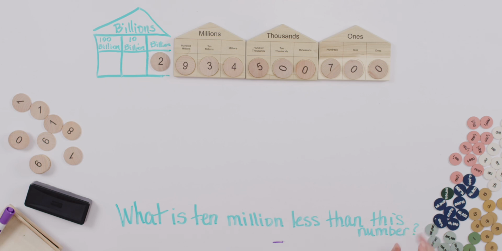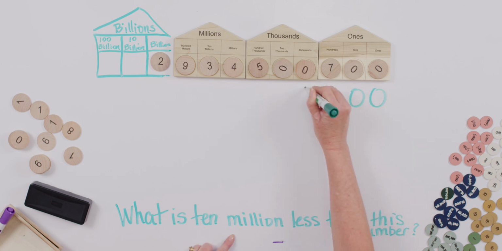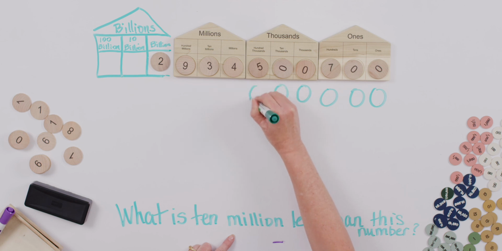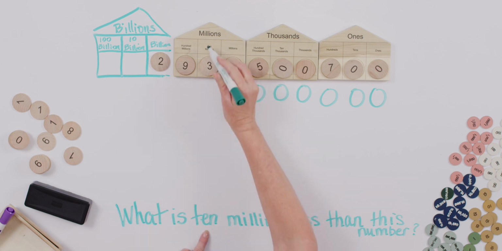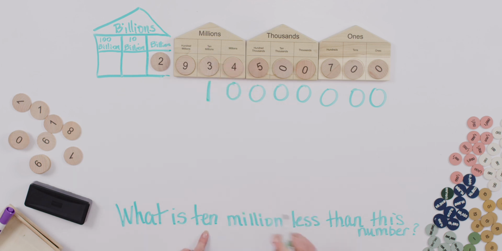All right, well, you might have first thought, well, how would I write 10 million? How many place values? I wouldn't have any zeros. Would I have any thousands? Doesn't look like it. Would I have any 1 millions? Nope. But I would have 10 million. I have a 1 of my 10 millions.